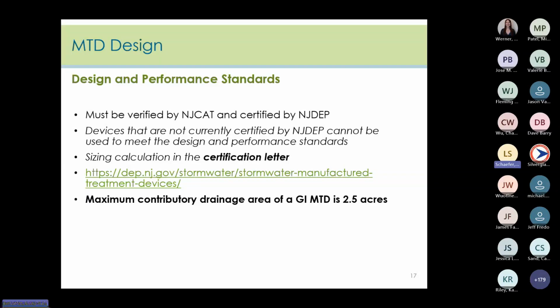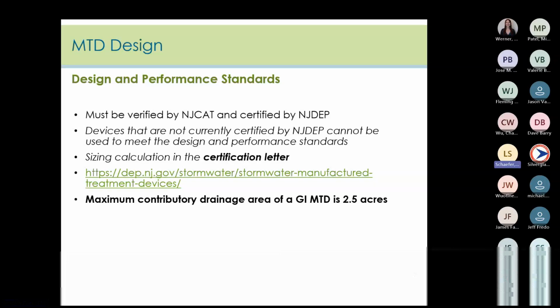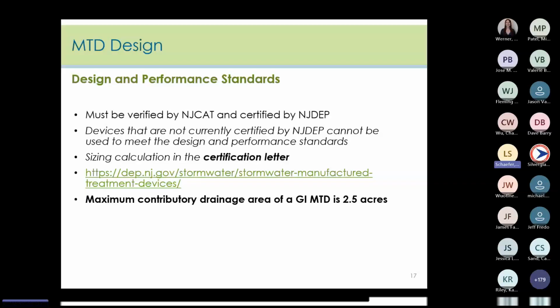Now, the certification letter also has other criteria and conditions of using the certified MTD. So one of the MTD letters states that the inflow for the MTD can only be a single pipe. So again, if the site plan shows that 2 pipes direct flow into the MTD, it's not designed in accordance with the certification letter and cannot receive the TSS removal rate that is stated in the certification letter.